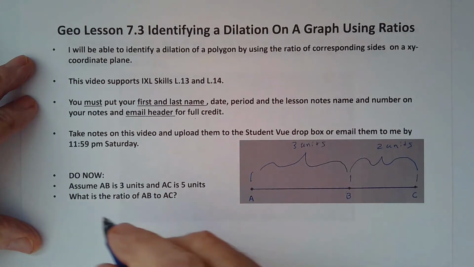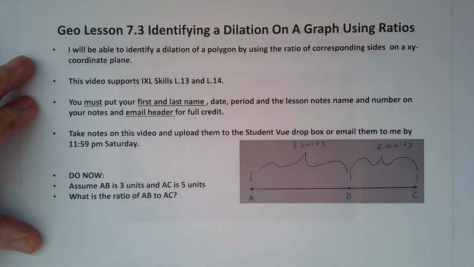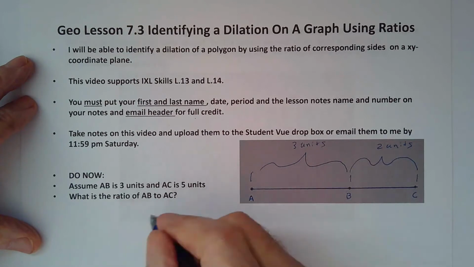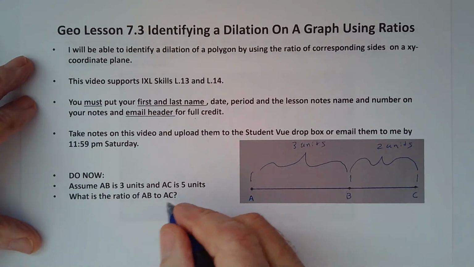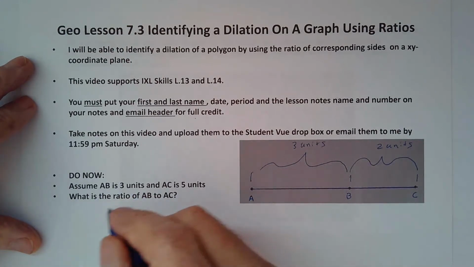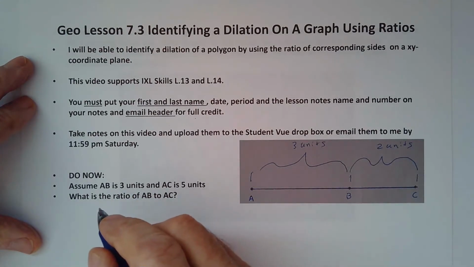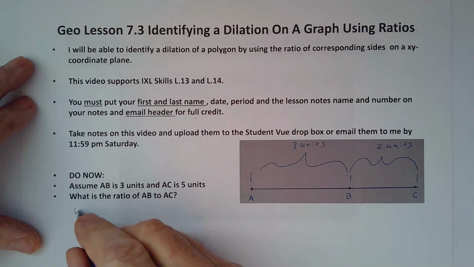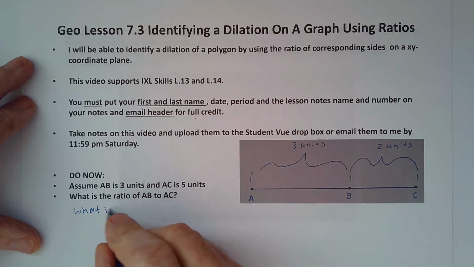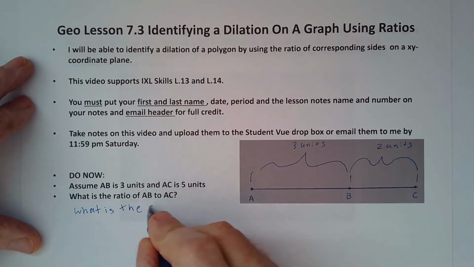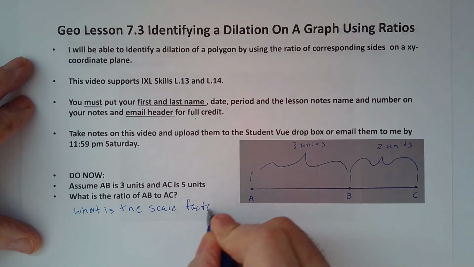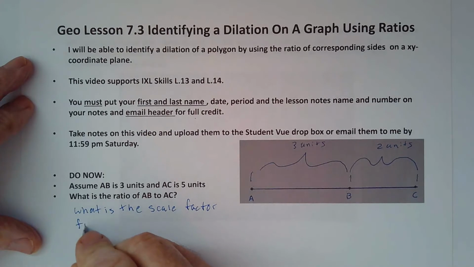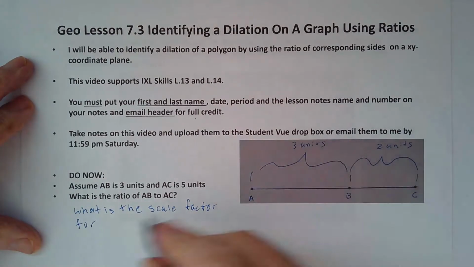So what do we do here? We want to know the scale factor for AB and the scale factor for AC. So what is the scale factor for AB?